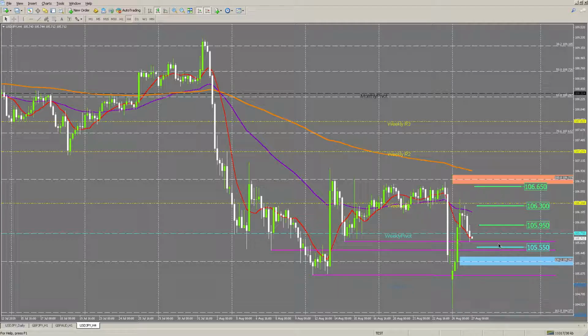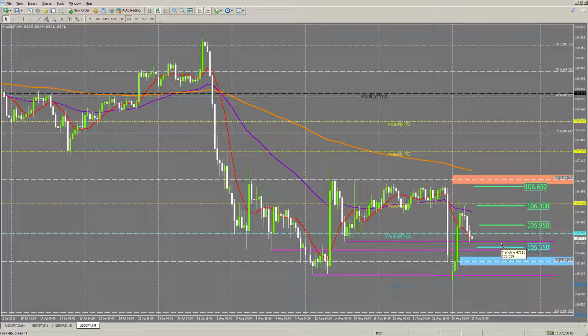Okay, now if there is no trigger to enter long, price could continue lower. So it could fall lower and it could break down towards the 138 Fibonacci again, and then perhaps down to this 105.05 level. So we have to watch out and see whether there is any trigger signal for a buy.